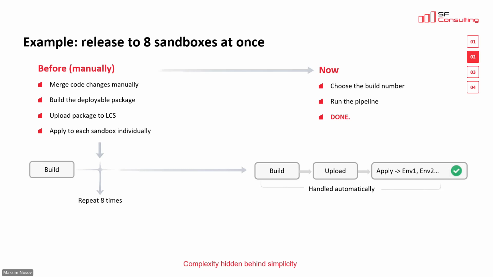In that case, errors and issues were the regular phase. Now with our templates, the only thing they have to do is select a proper artifact and press the release button. And our pipelines do the rest of the work.